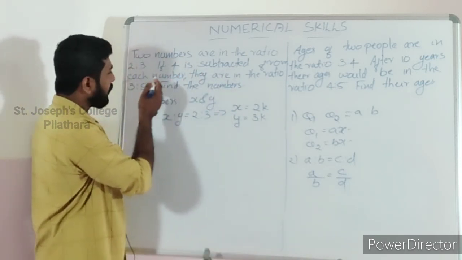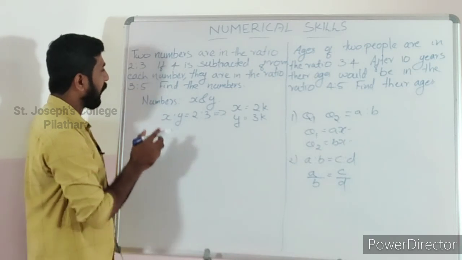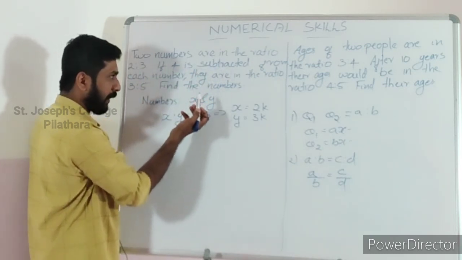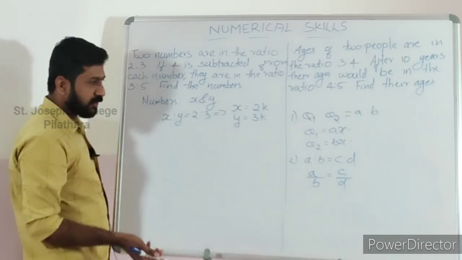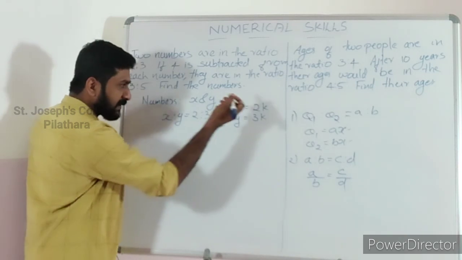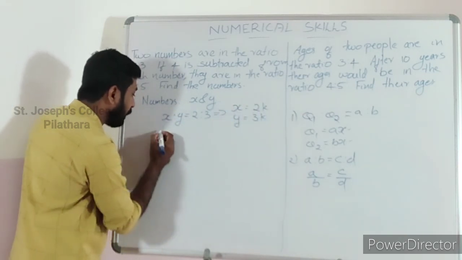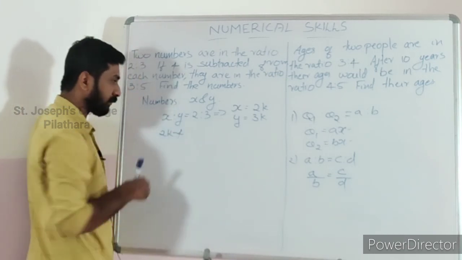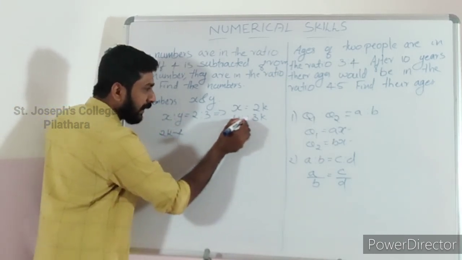Then we can move on to the condition part: if 4 is subtracted from each number, they are in the ratio 3:5. The first number is 2K. When 4 is subtracted from that number, it becomes 2K minus 4. And the second number is 3K.